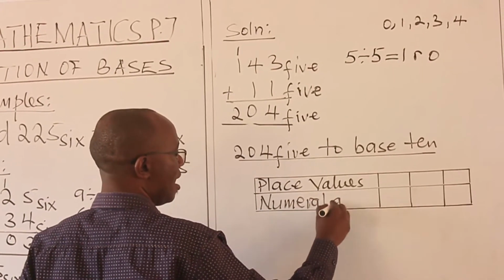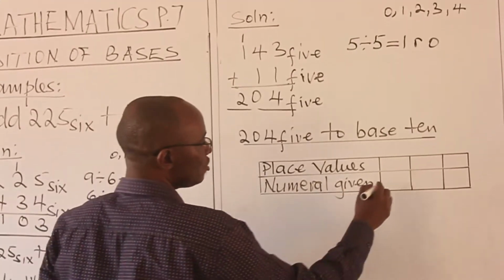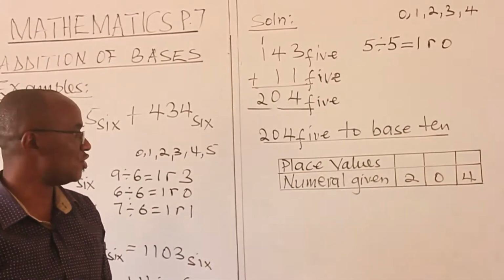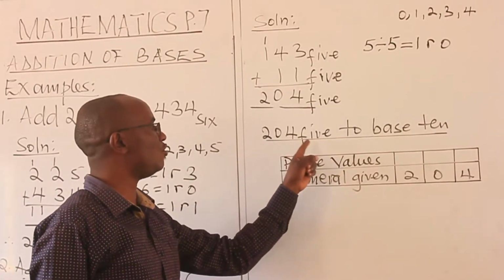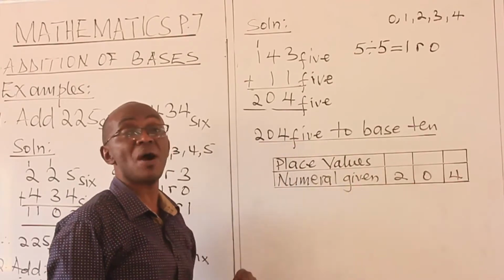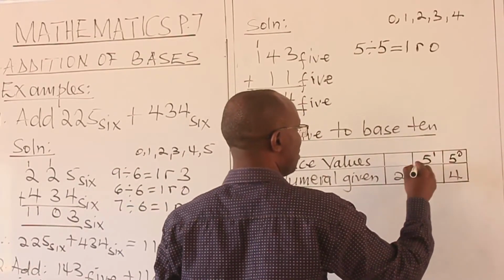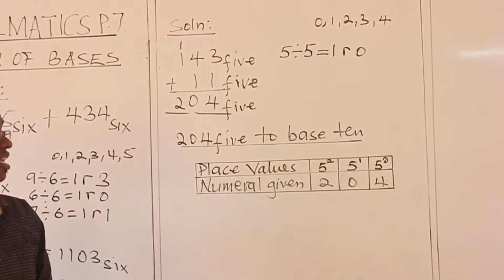Now, the numeral given is 204. Since the question is in base 5, I'm changing 204 base 5 to base 10, so I'm using powers of 5. So 5 raised to the power 0, 5 raised to the power 1, and 5 raised to the power 2. I've expressed the place values in power form.